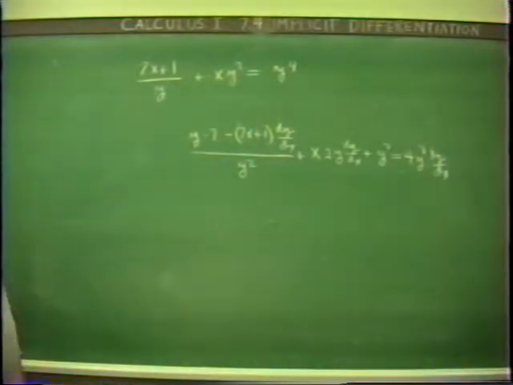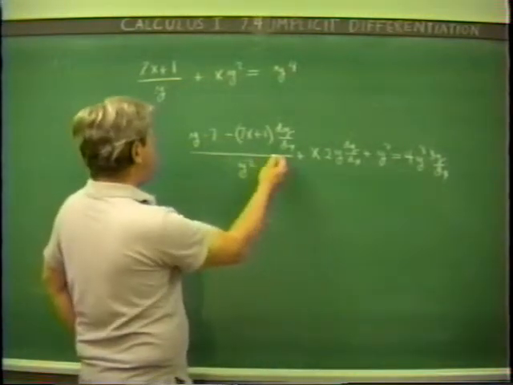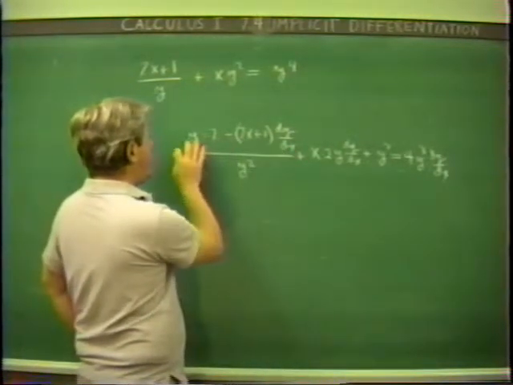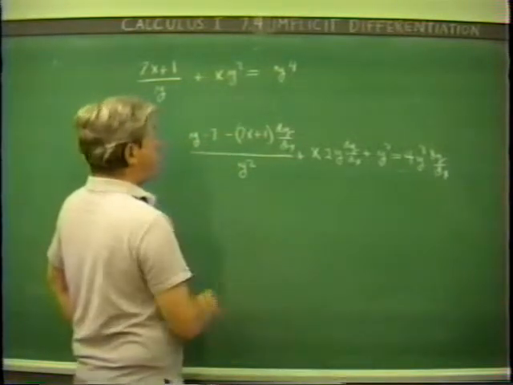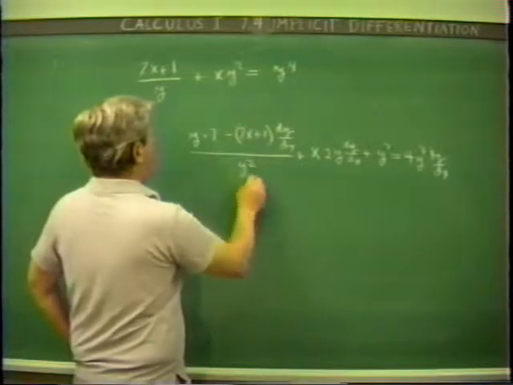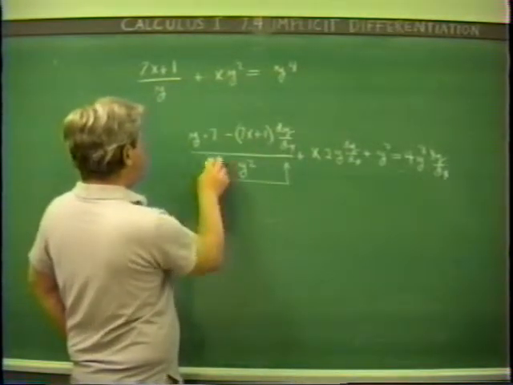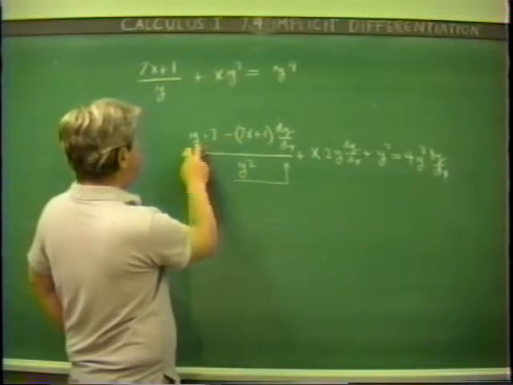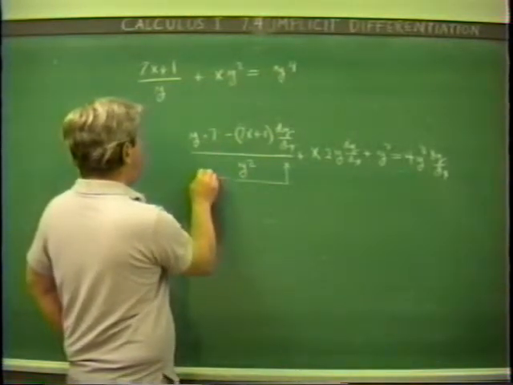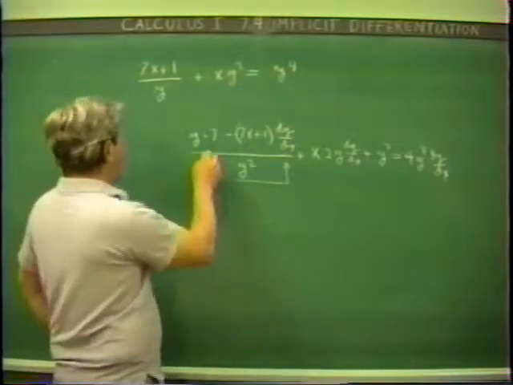Now, again here, you can always trust that you can separate the dy dx terms to the left and the other terms to the right. Here, because this is a quotient, this quantity right here has dy dx in it, and if we write this as 7y over y squared, this quantity right here will have only a y term in it.